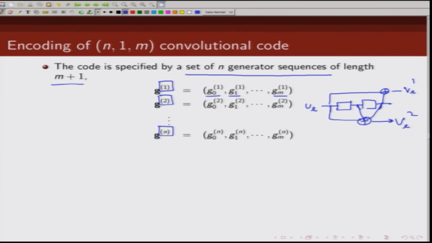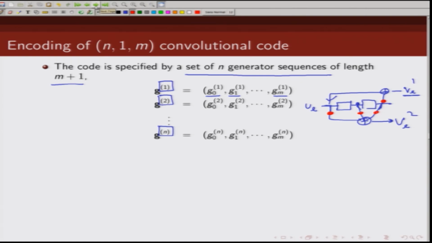If we look at the first coded bit, ul has memory order m, so there are m plus 1 possible connections. What are those? First, whether ul is participating in the output bit or not. Second, whether ul minus 1 is participating or not, this is this point. Third is this point, whether ul minus 2 is participating or not. Similarly for the second coded sequence: whether ul, ul minus 1 and ul minus 2 are participating or not.